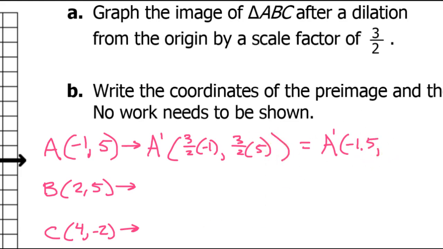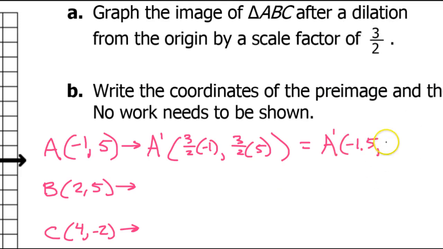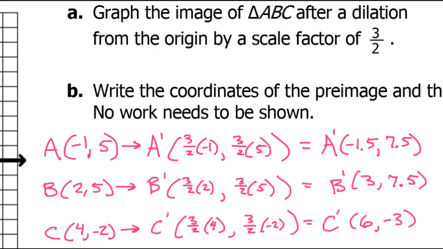And in the same way, 3/2 times 5 is 15/2, which is 7.5. All right, and we're just going to do the same thing for B and C. So following the exact same procedure, I wind up with these coordinates for B prime and C prime.